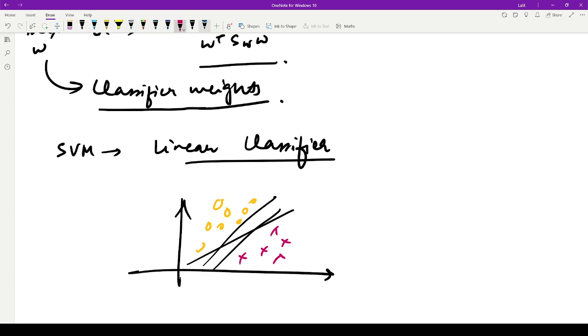We see that generally, if there is a classifier which follows somewhere in between these two sets of data points, then mathematically, the points which are at the extreme are used to get this classifier boundary.